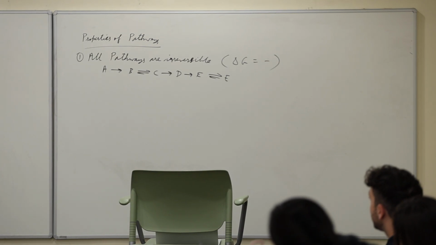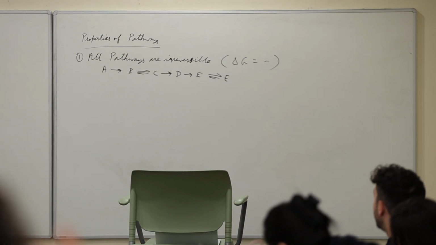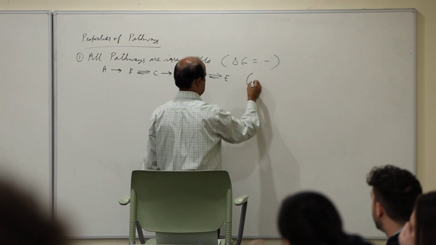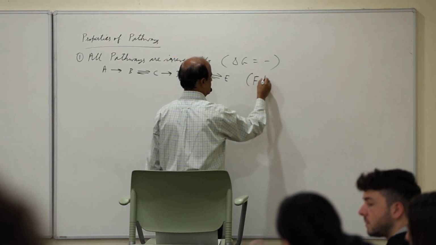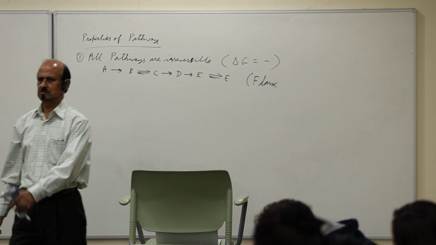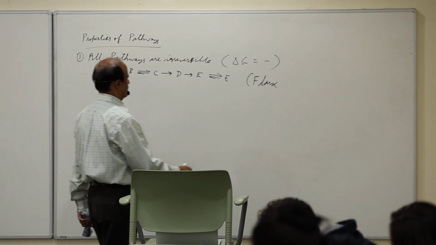If it is off, then it is completely off. If it is on, then it has to move forward. You have to make E from A. And that is also called a flux. Flux of a pathway is which direction the pathway is moving, and the flux of a pathway is always forward.